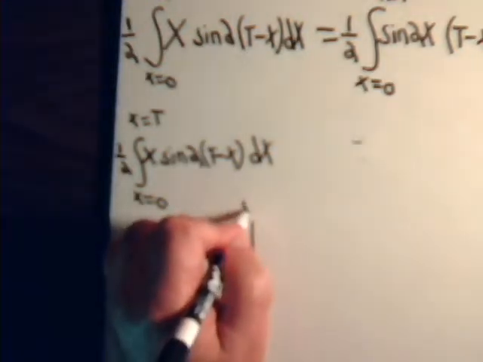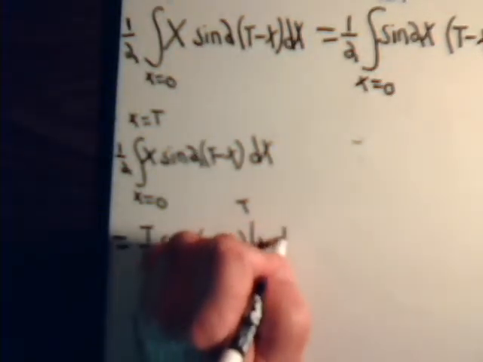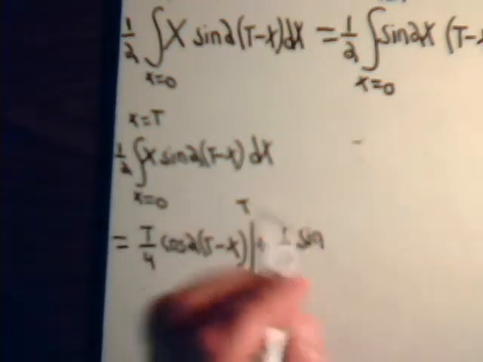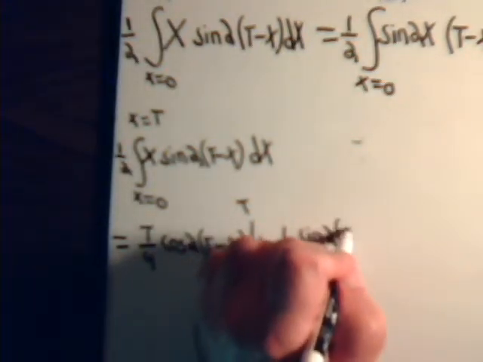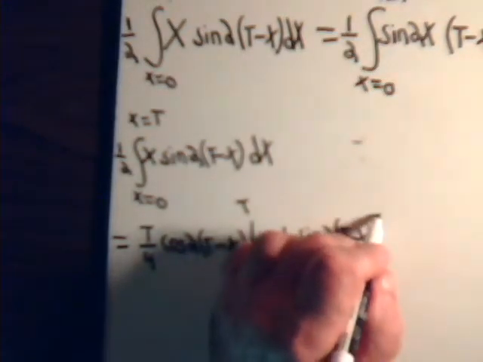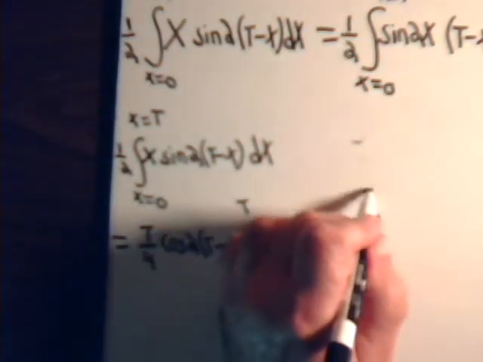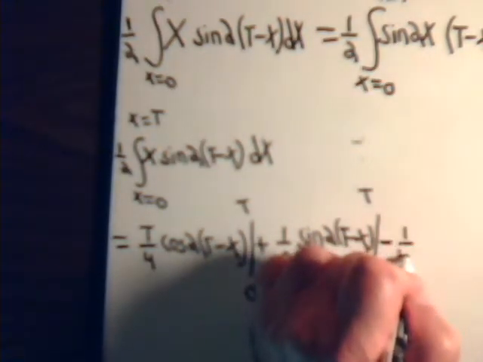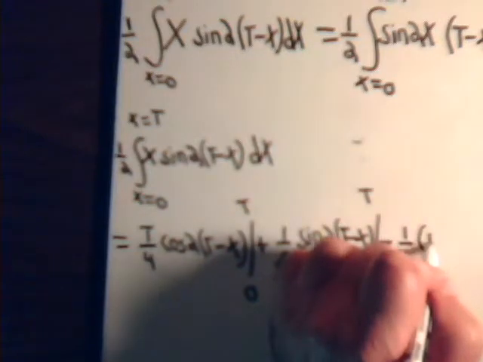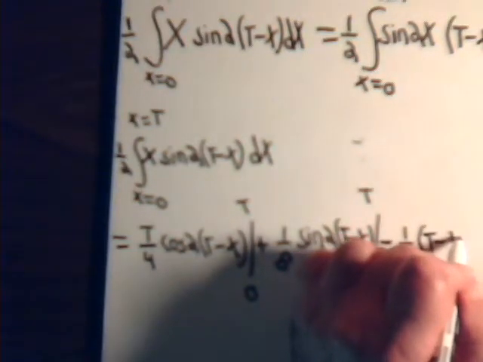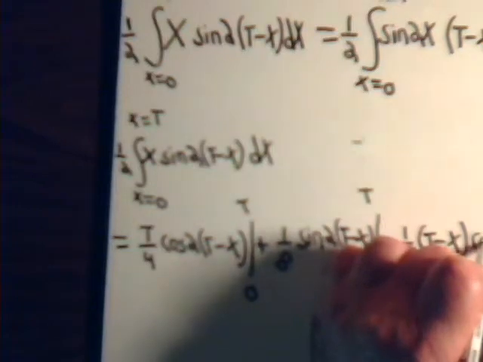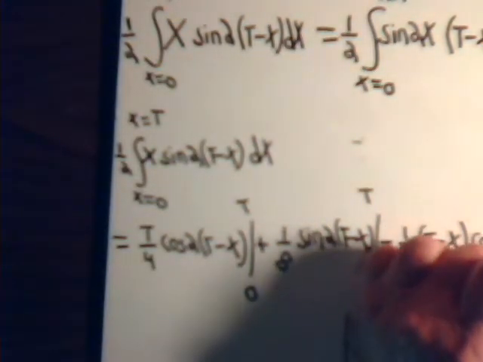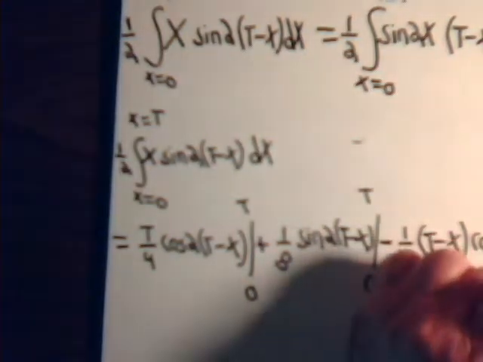X goes from 0 to t, plus 1/8 the sine of 2t minus x. X goes from 0 to t, then we have minus 1/4 t minus x times the cosine of 2t minus x with the same limits.